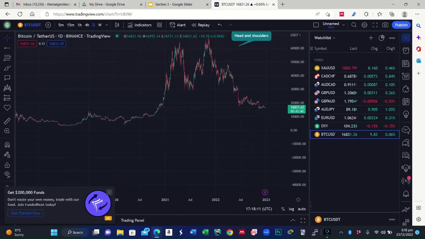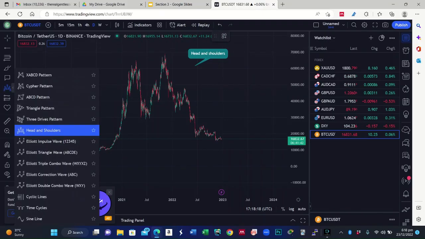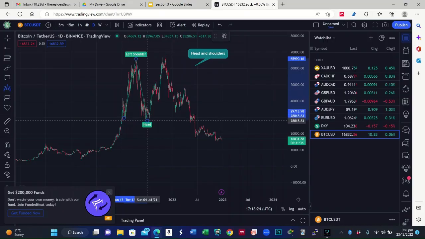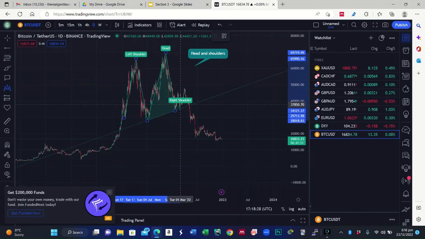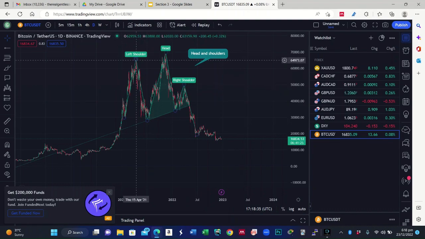I'm going to be using the head and shoulder tool to make this clearer for you. Head and shoulder. This is the left shoulder, this is the head, and this is the right shoulder.